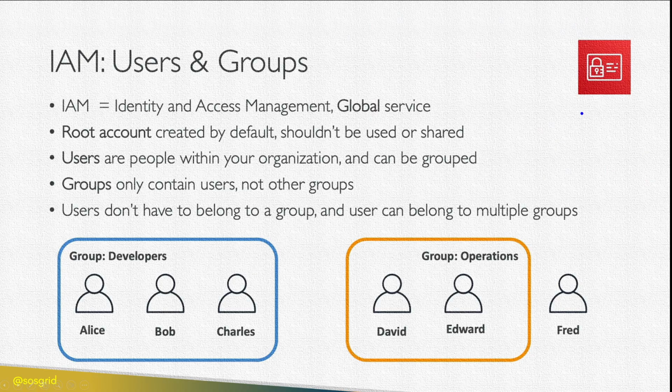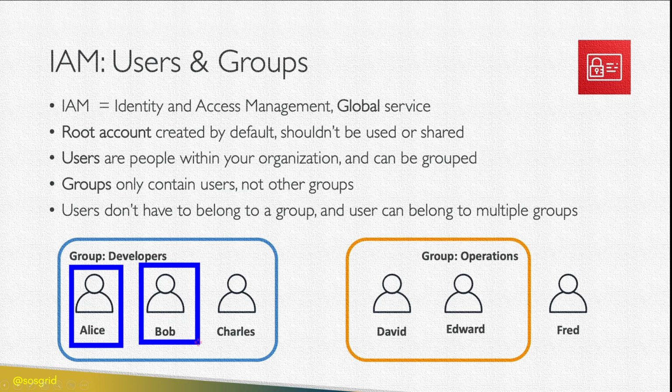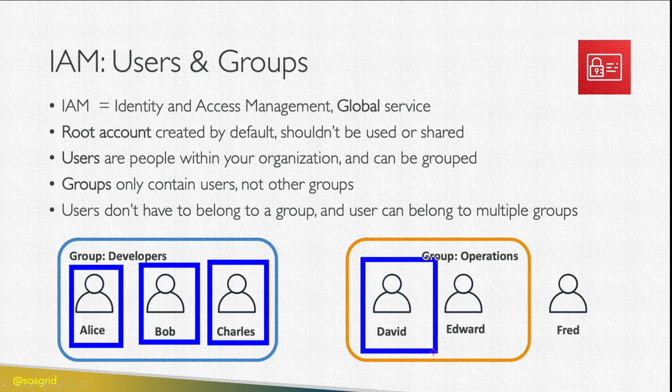Okay, so before we really dive deep into all of that, whenever you've created multiple accounts for different people who you want to allow to manage your AWS account, you can, for example, let's say we created an account for Alice, Bob, Charles, David, Edward, and then we also created for Fred.